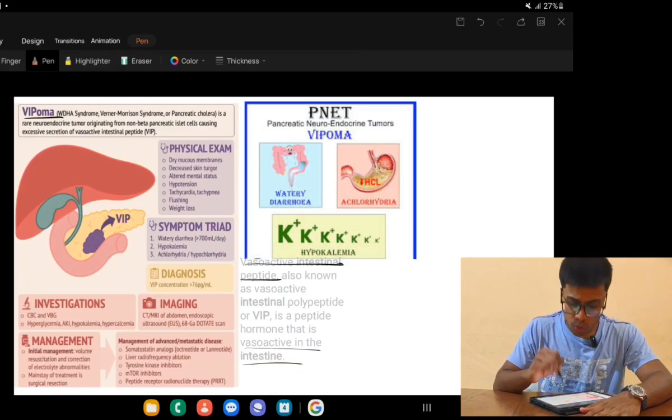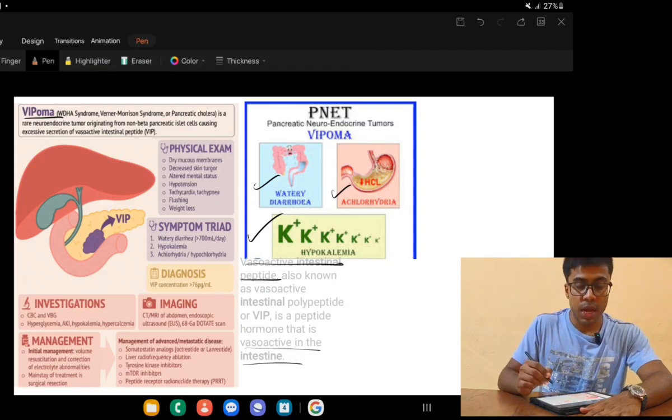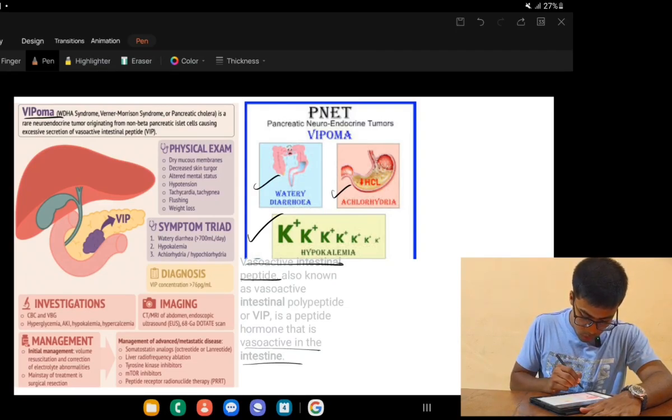So when there is a tumor of this, it will result in watery diarrhea, achlorhydria, and hypokalemia. For investigation, CBC, hyperglycemia, AKI, and hypokalemia will be seen. This is the main stuff.